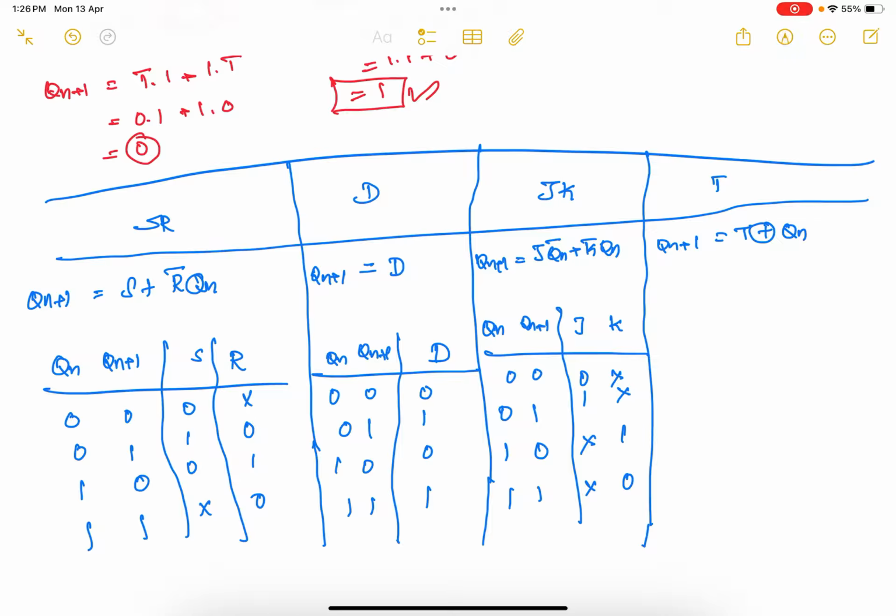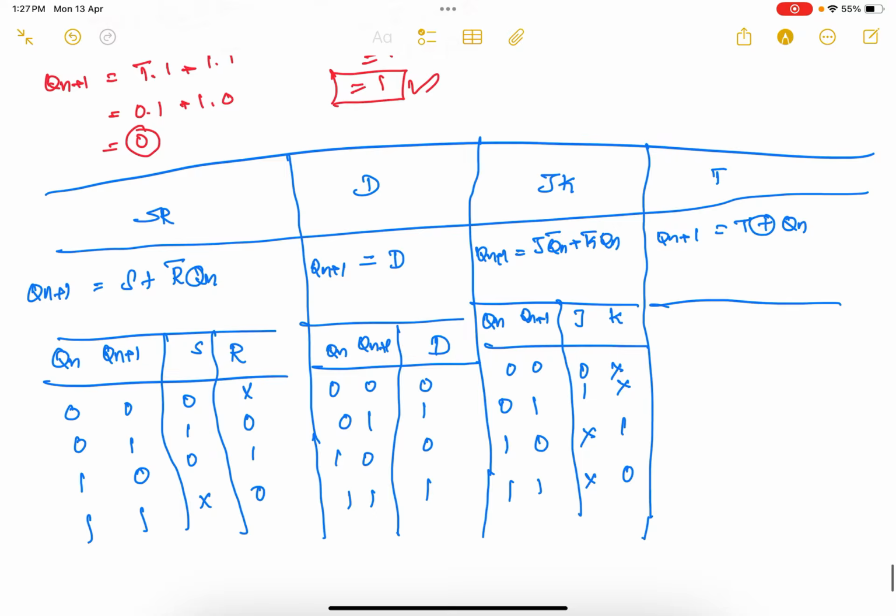So this will be your excitation table. Everything is with respect to the excitation table you are writing. And here, Qn plus 1 for the T flip-flop.